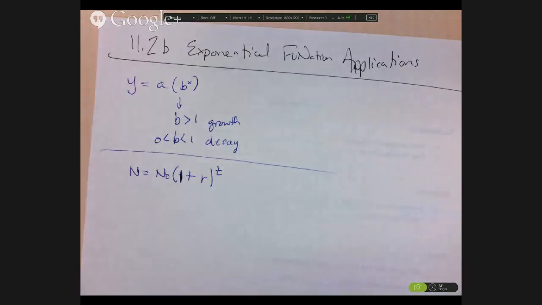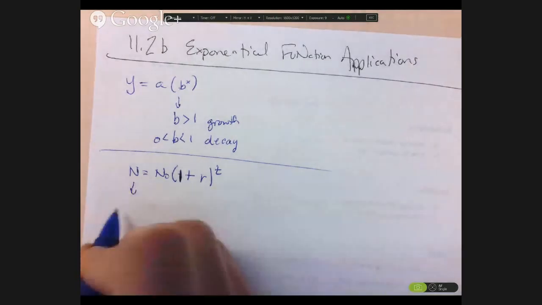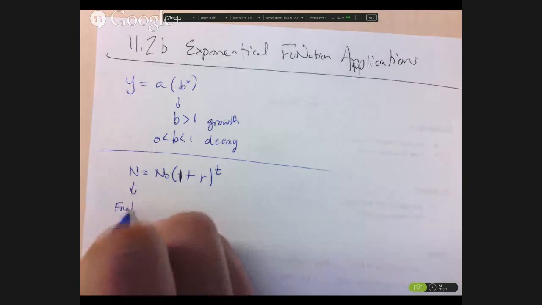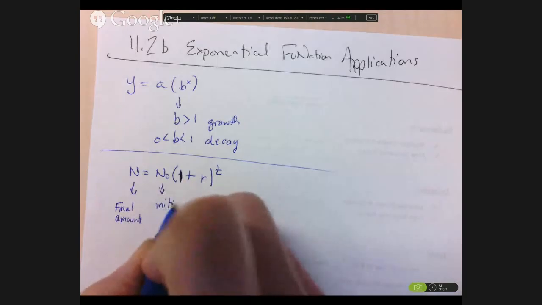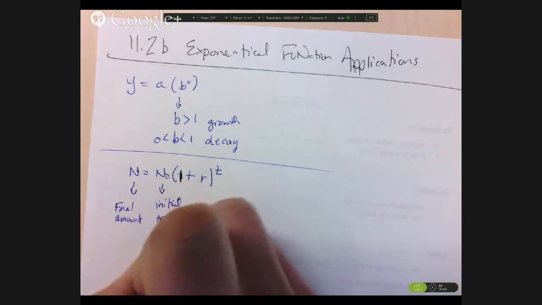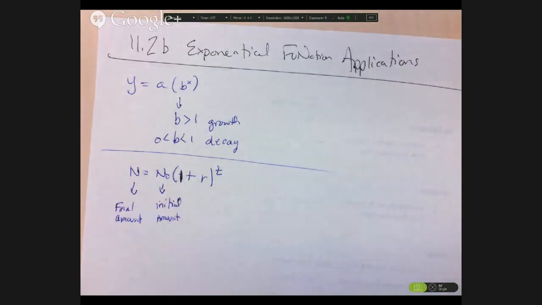N is the final, so if we're talking population, this would be the final amount. N0 is the initial amount. If you see anything pretty much in math with a subscript 0, it means that's where we're starting. Velocity V0, starting velocity.